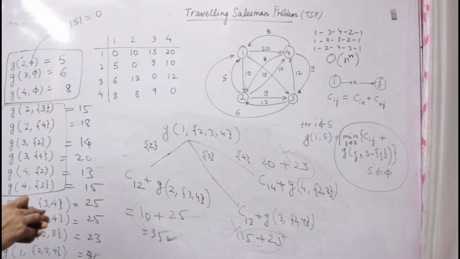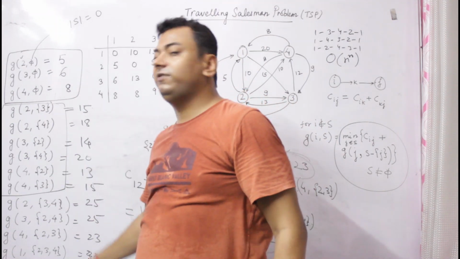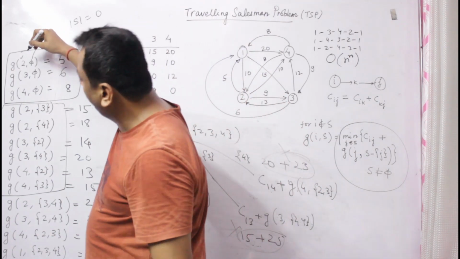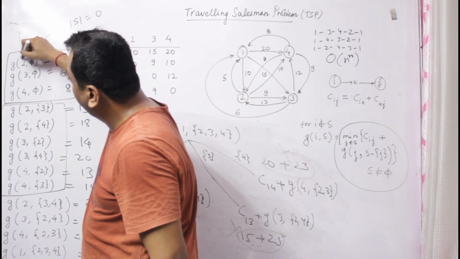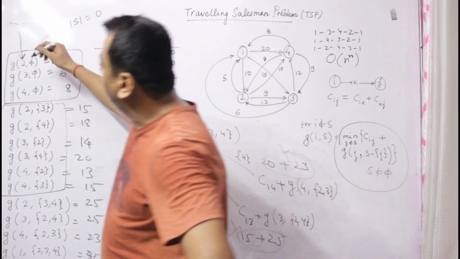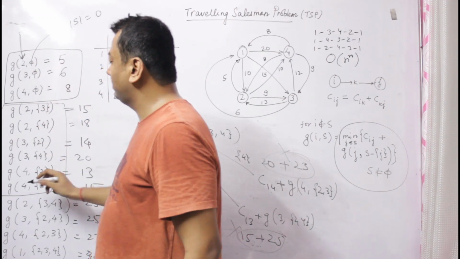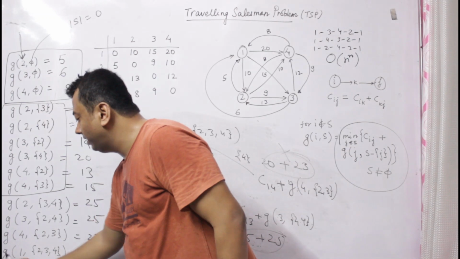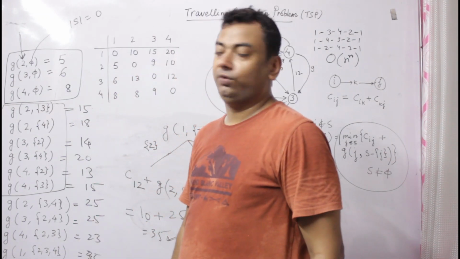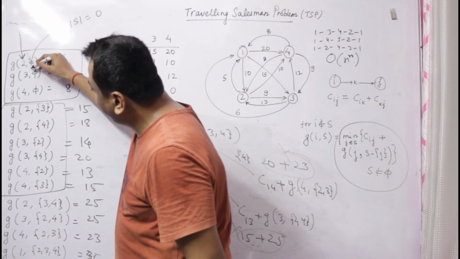So you may ask how to determine this set, how to come up with this set. The main funda is that don't include the start node in this G function, the first parameter, since at last you need only that you are at node 1 and you have to traverse to other nodes, and thereafter all of the intermediate nodes.